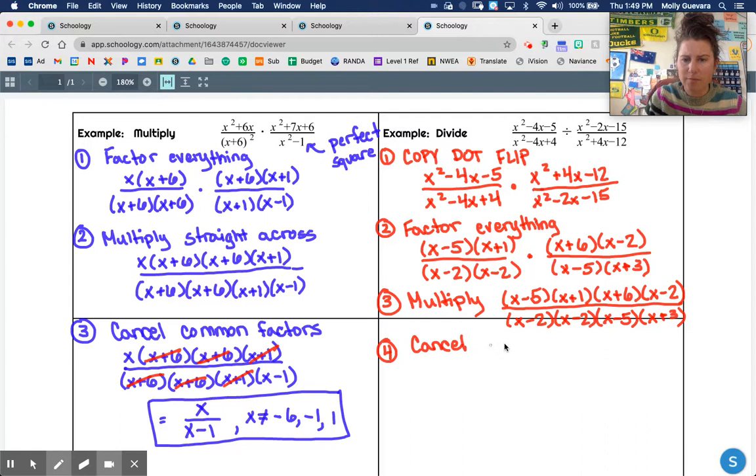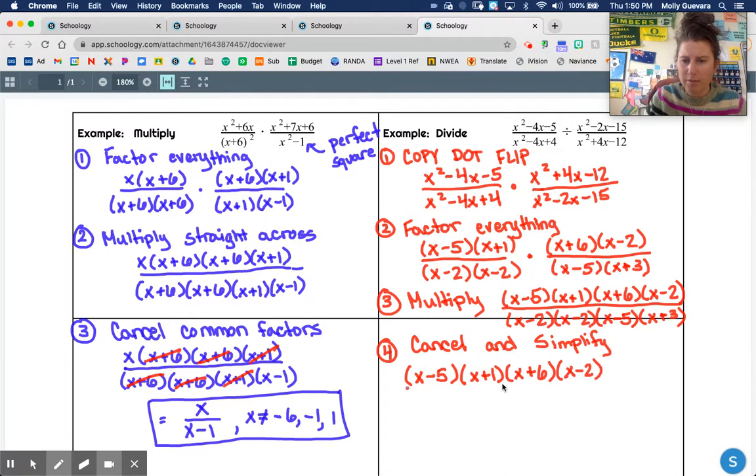Cancel and simplify. So again, normally I would not write this all out again, but I am going to today. So x minus 5, x plus 1, x plus 6, x minus 2.